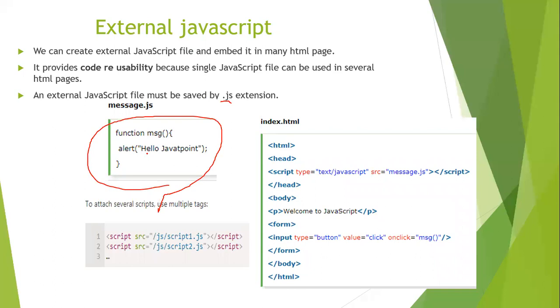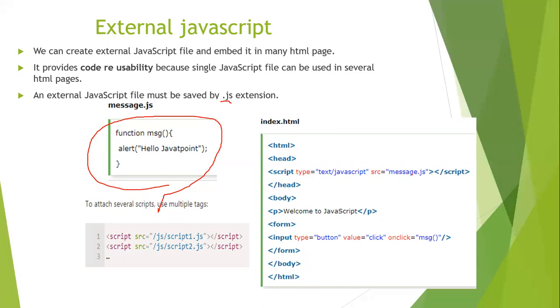In that JS file we have written the JavaScript code. Okay, and one more thing, here we have not used the script tag. Okay, now this function JavaScript code we have called from this HTML page. So here we have to mention the source of that JavaScript file. So in the script tag we have mentioned the type is the JavaScript type, and it is referring to this message.js file. So in the source you have to mention the path of the JavaScript file.